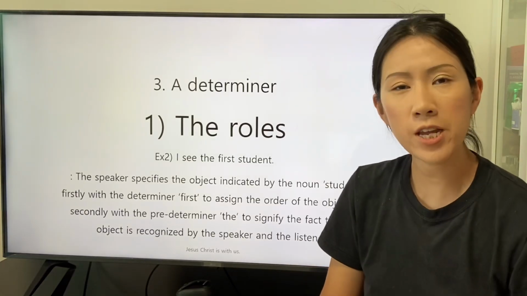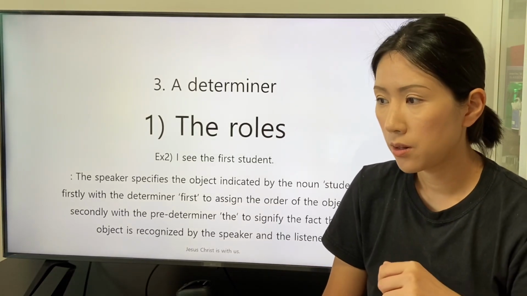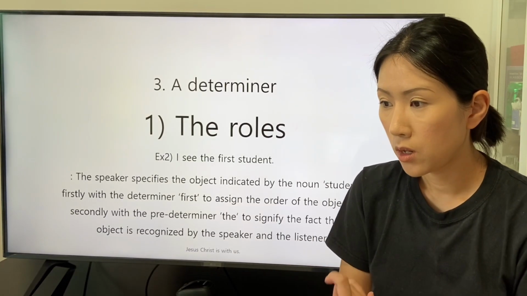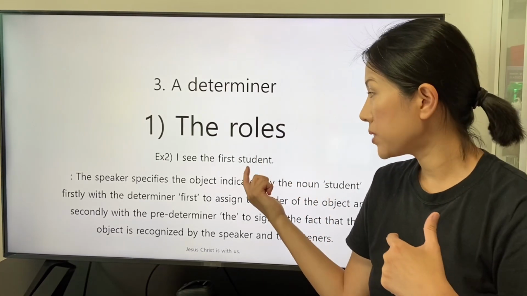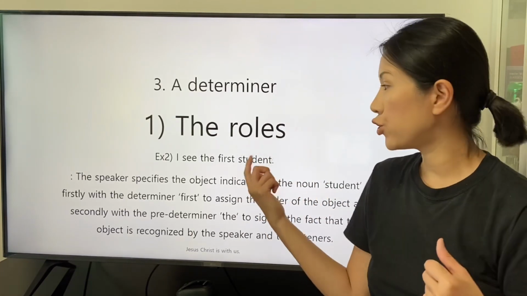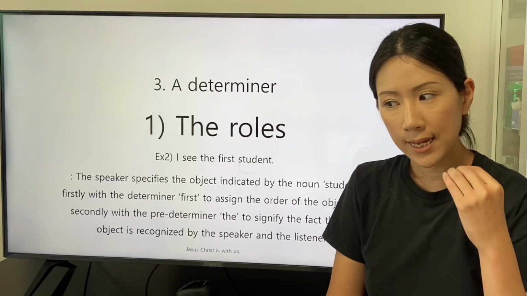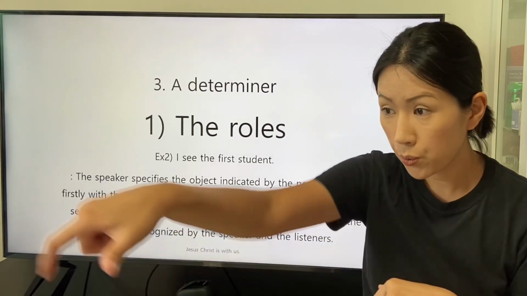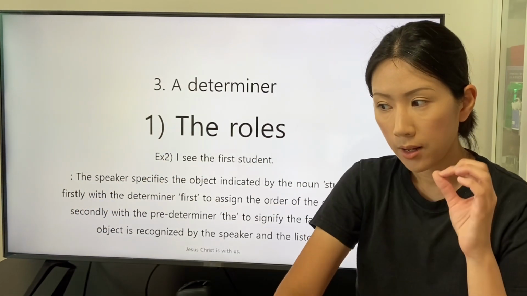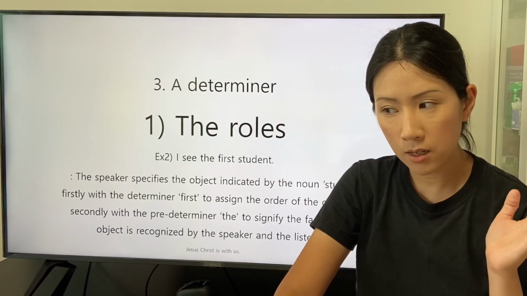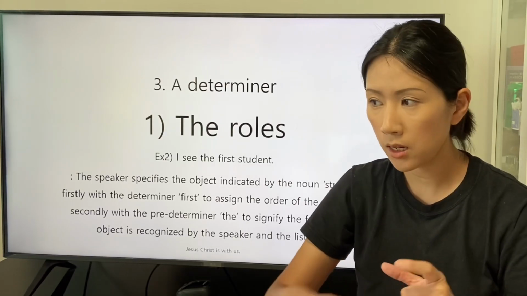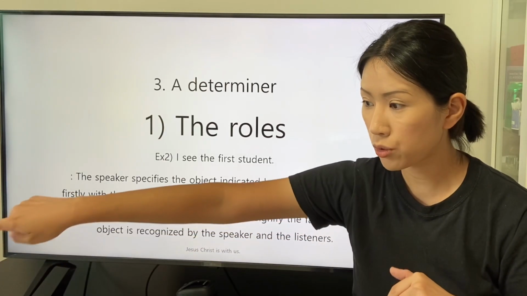The listeners can understand that the object indicated by the general noun student is in a row, to clarify the order among the object indicated by the general noun student.